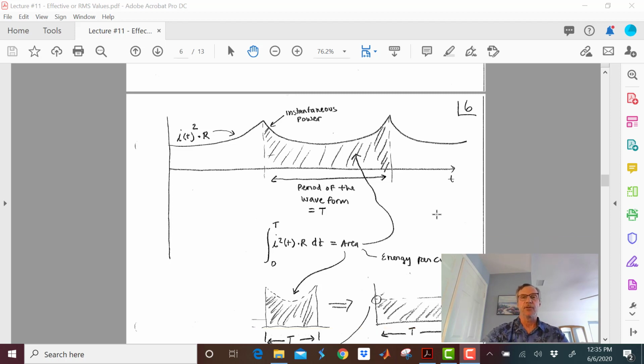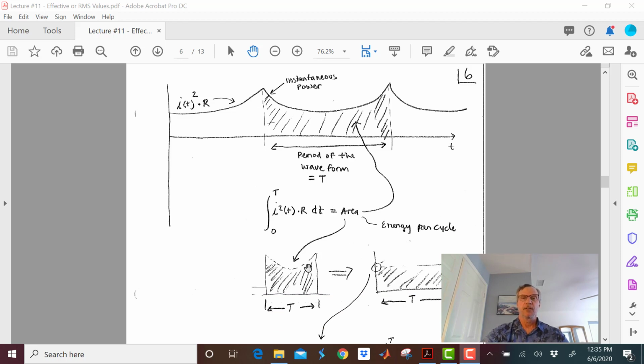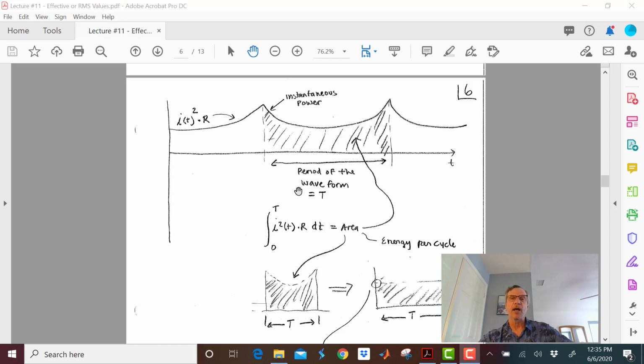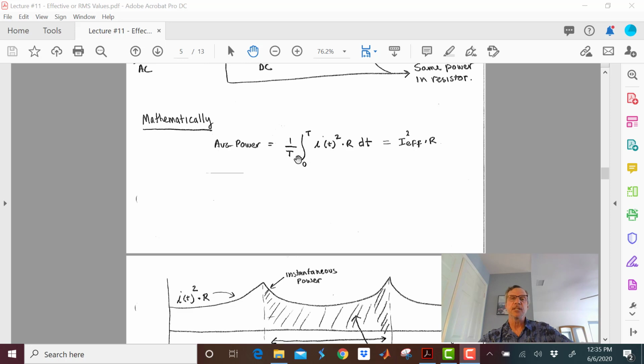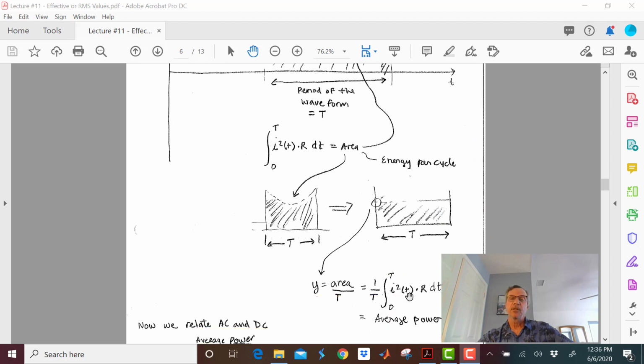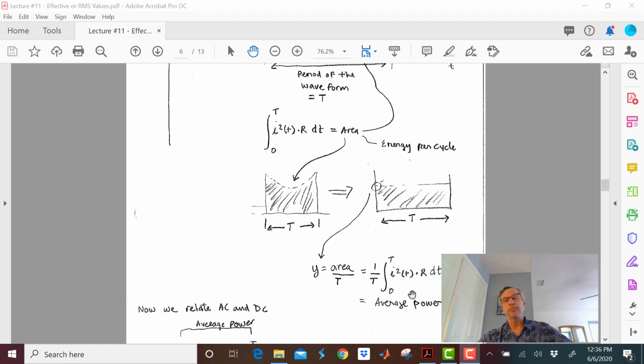Now I'm going to take this area and give it a squoosh and make it rectangular. Then I get this value right here when I divide by T. In other words, I'm dividing that area by T, so of course I get this, and that is going to be my average power.